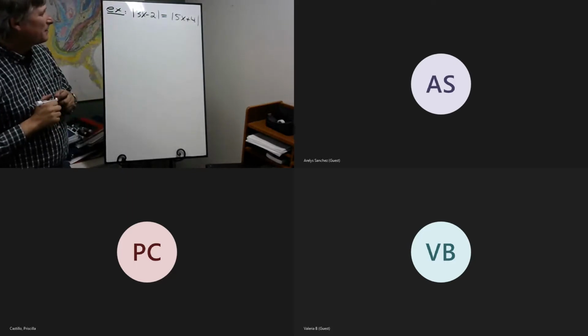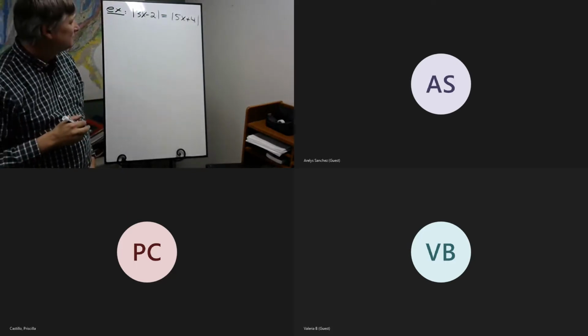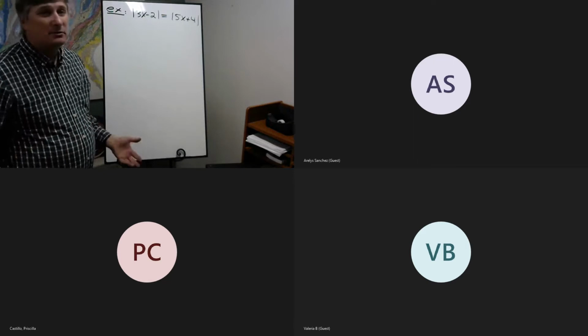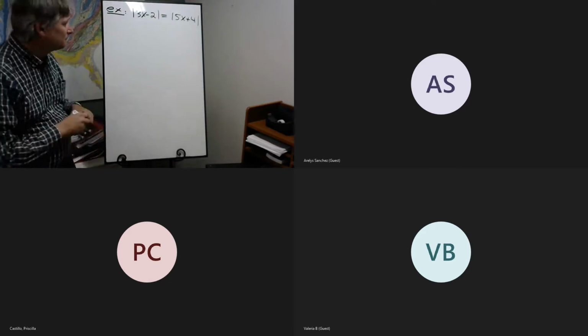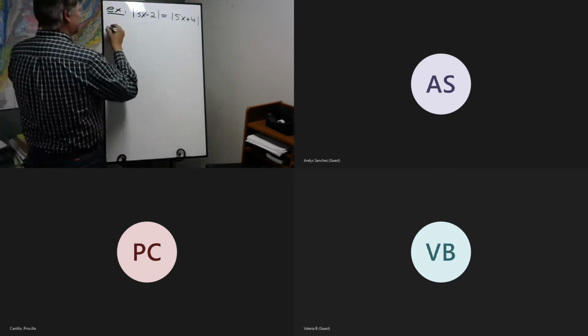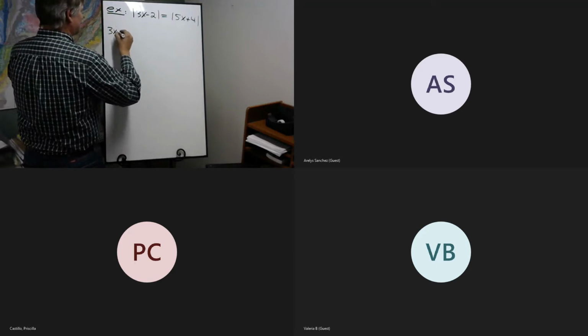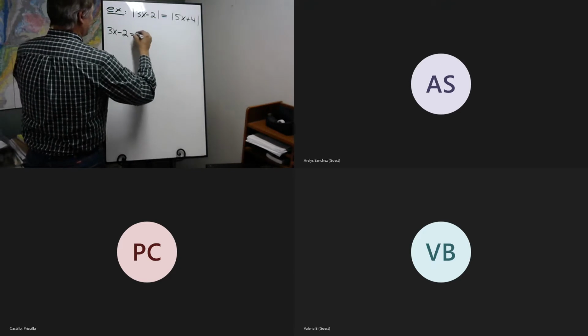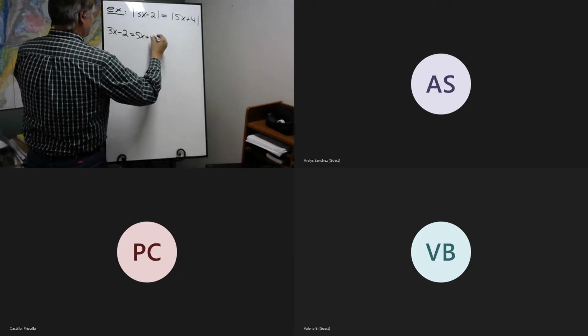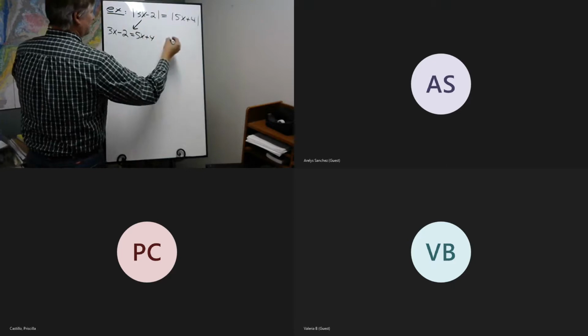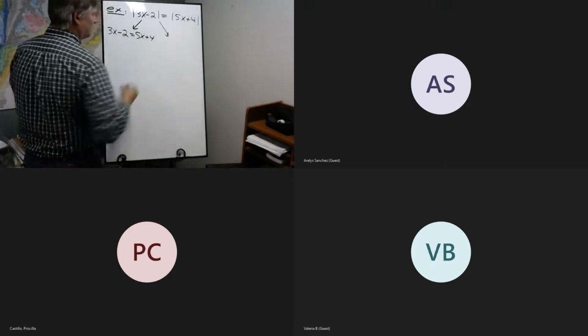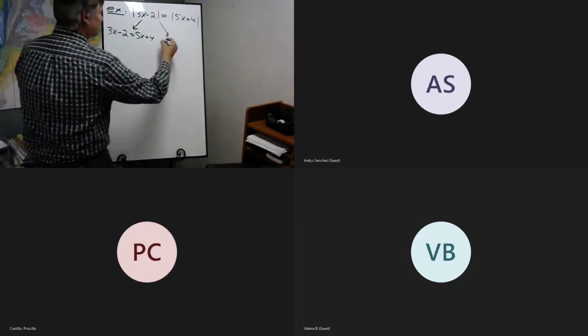So let's say we have something like this. We're going to break it down into a positive and negative version. Positive version, and negative version.